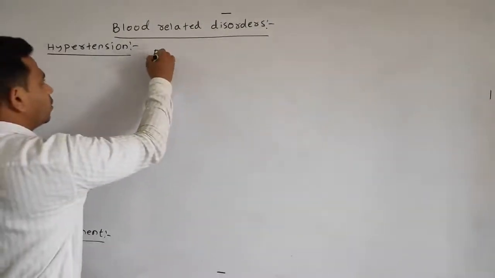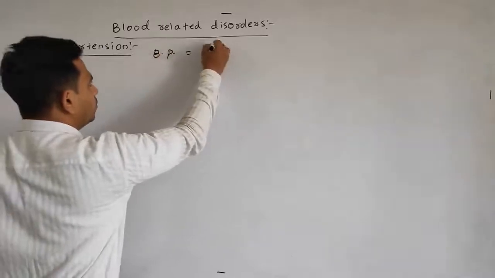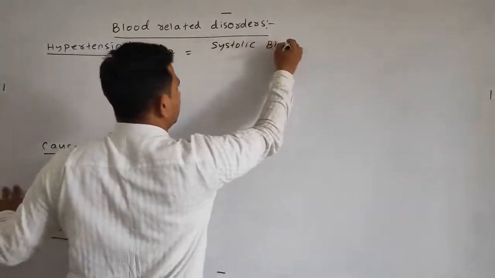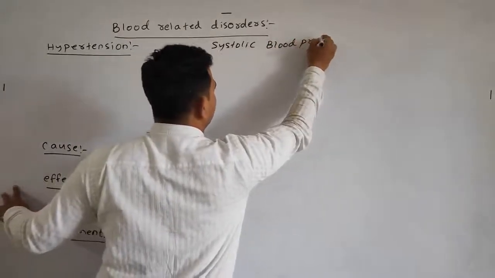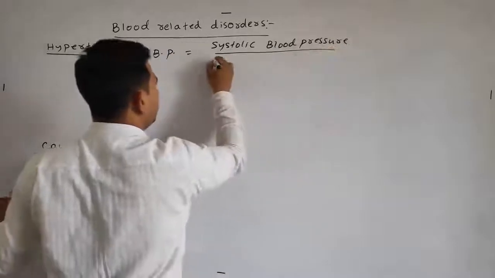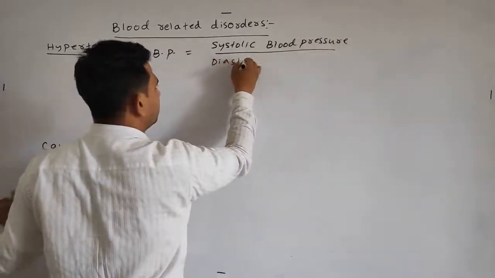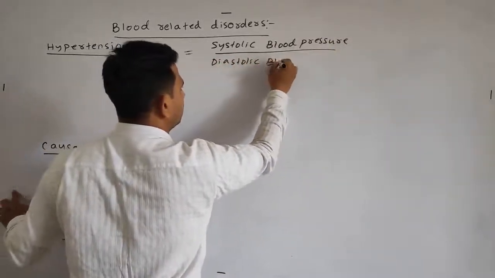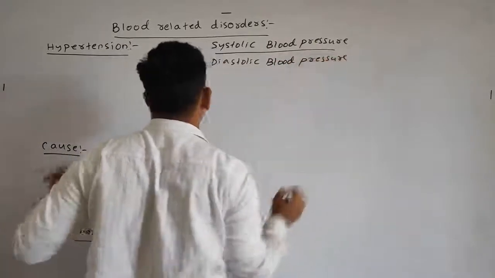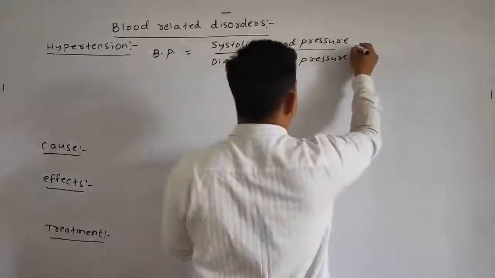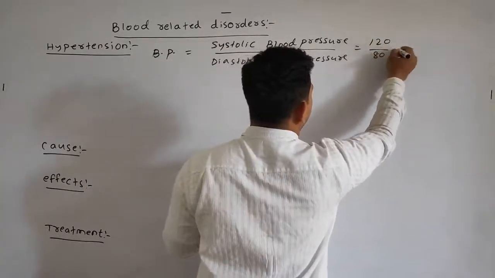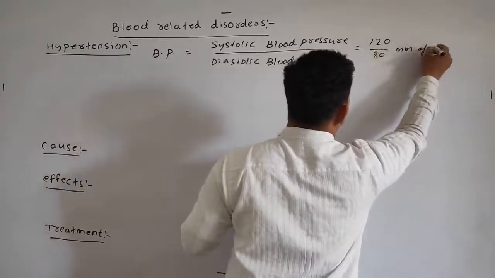So we can write, blood pressure normally is equal to the systolic blood pressure divided by the diastolic blood pressure, which can come up to 120 by 80 mm of Hg.